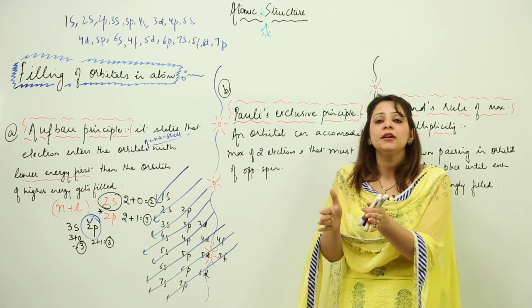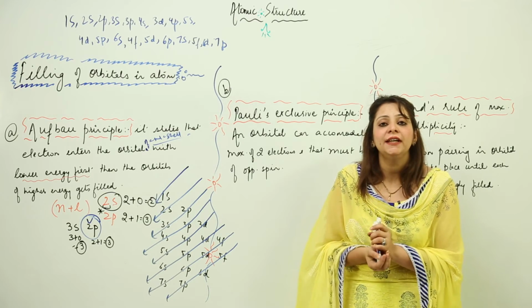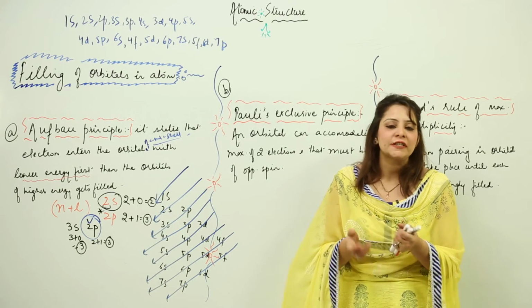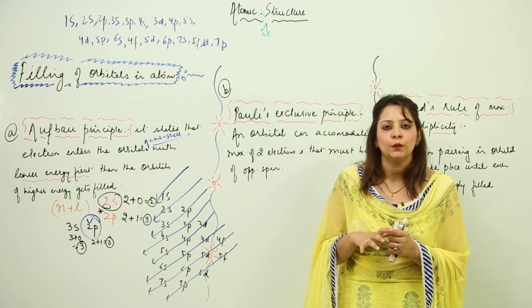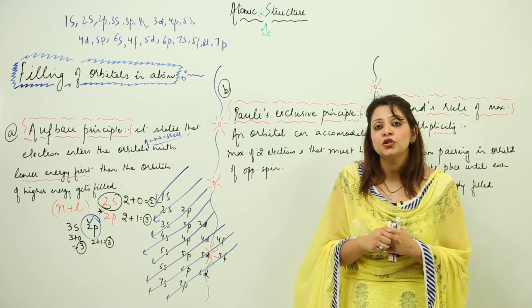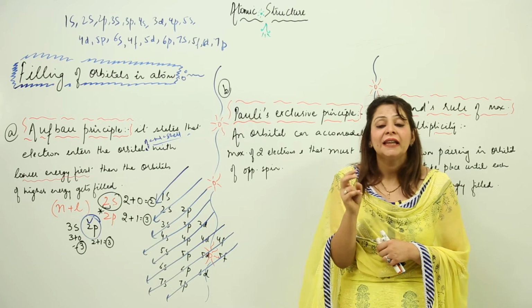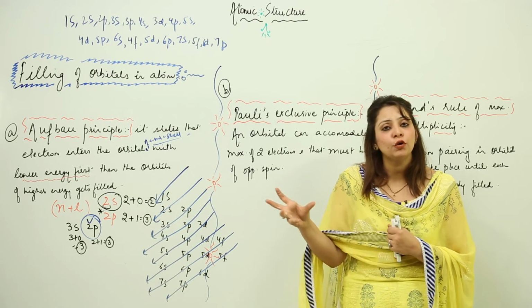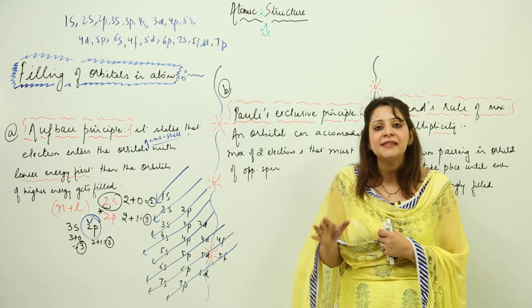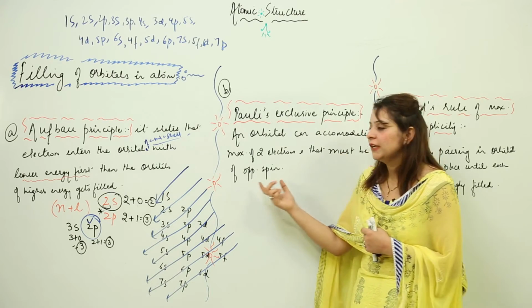A maximum of 3 quantum numbers can be the same, but definitely the fourth, the spin one, will be different. That means one electron will be spinning in a clockwise, another in an anti-clockwise direction. So this led to the conclusion that an orbital can accommodate a maximum of only 2 electrons, and they must be of opposite spin. n, l, m can be the same, but definitely s is going to be different. That is why they must be of opposite spin.